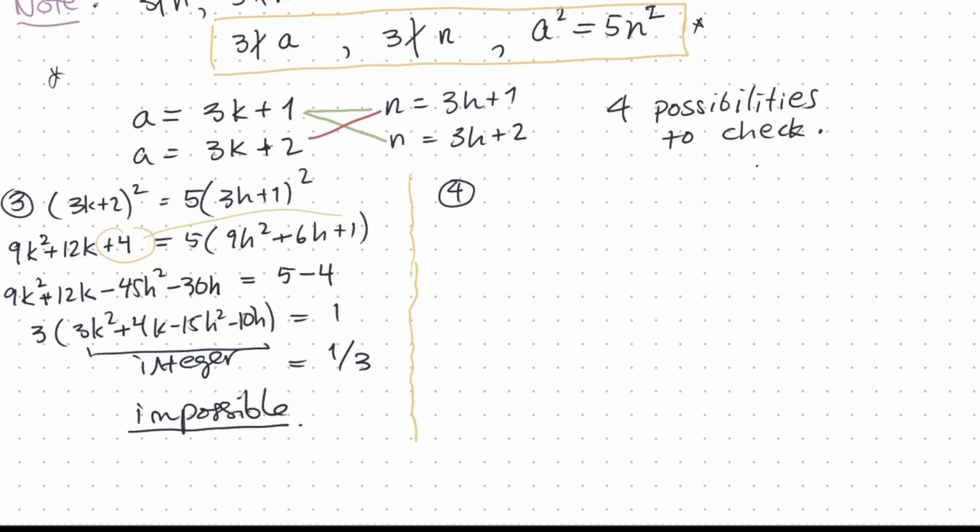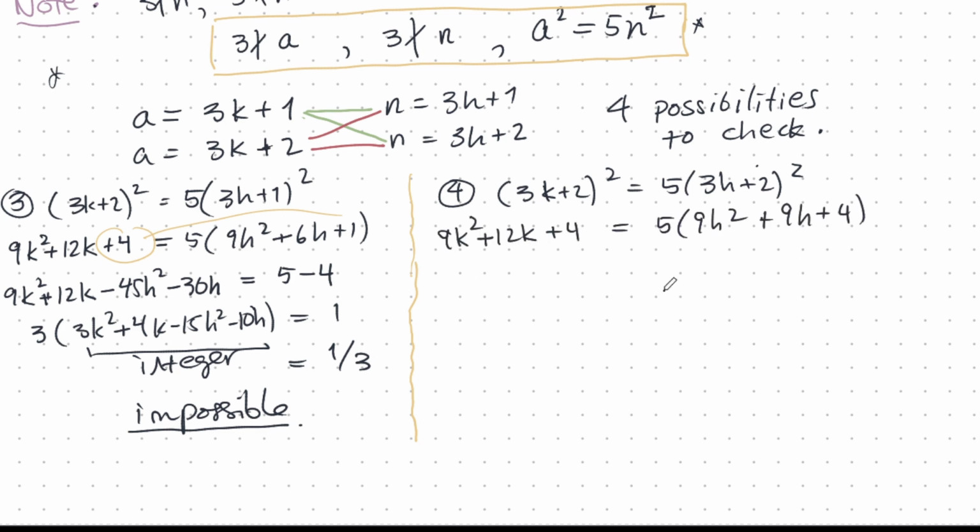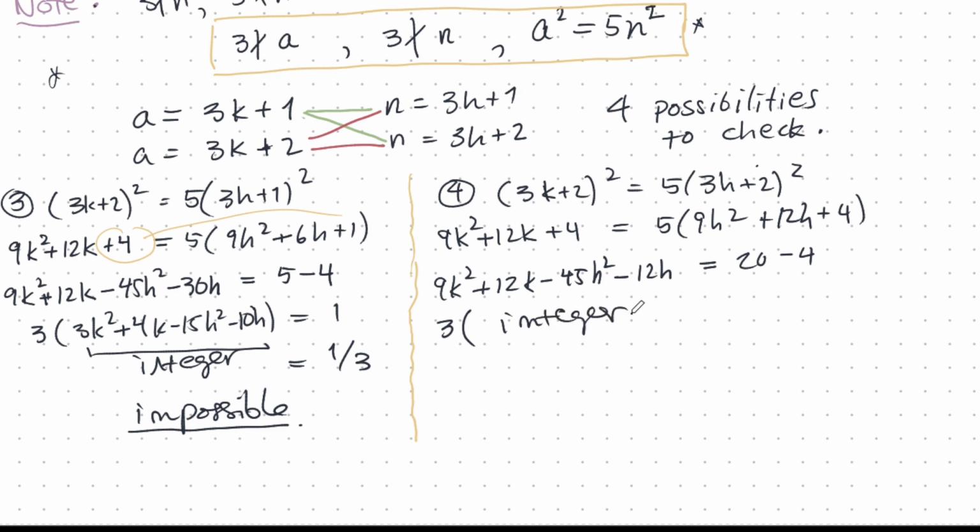The last case, let's take these two here. I get this. Let's expand everything. Great. Now, same procedure. Bring the numbers to the right and fix this little mistake here, 12h. Okay, that looks good. So again, 3. Every one of these is divisible by 3, so this is an integer. And this is equal to 16.